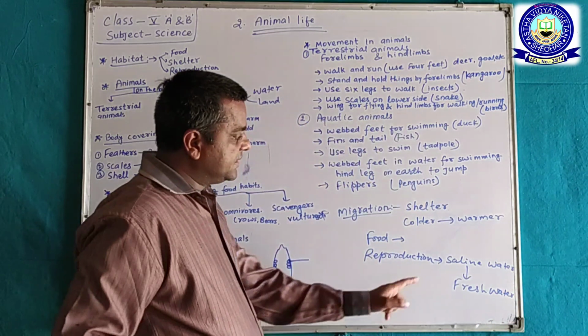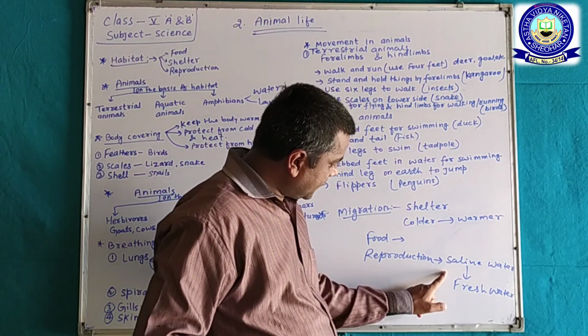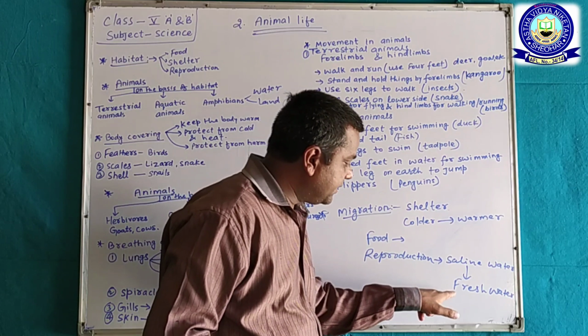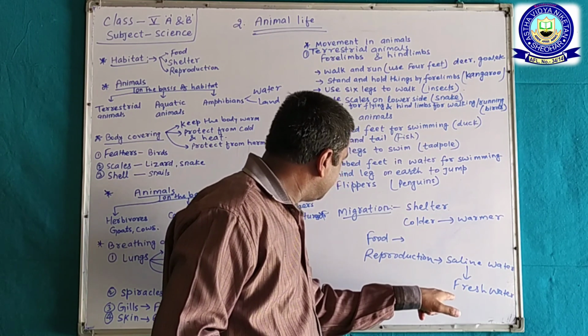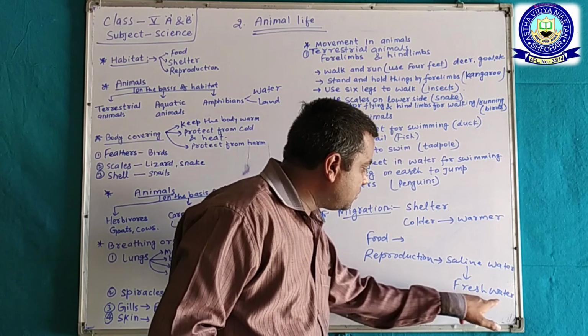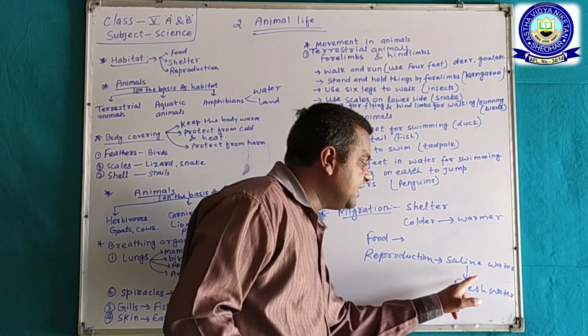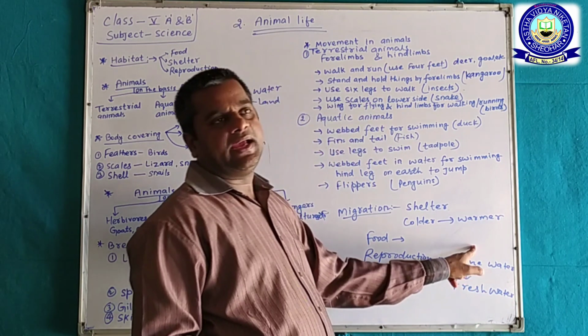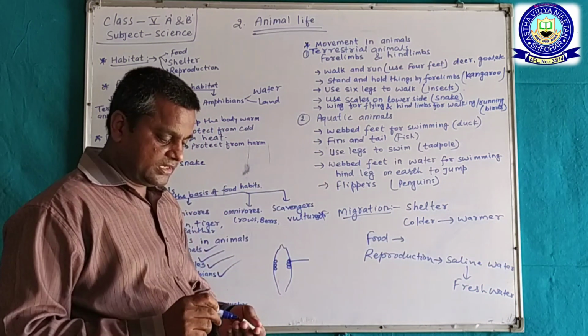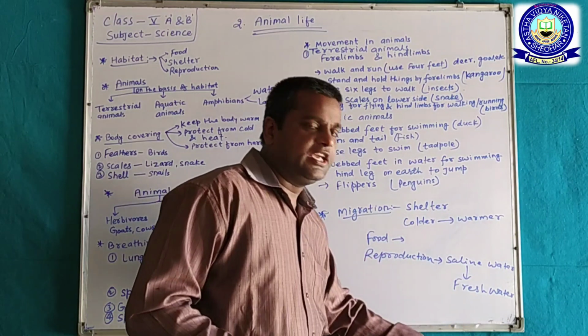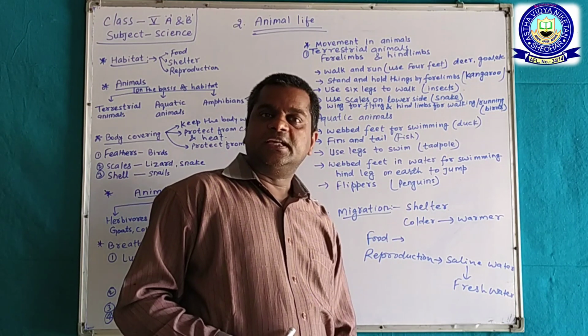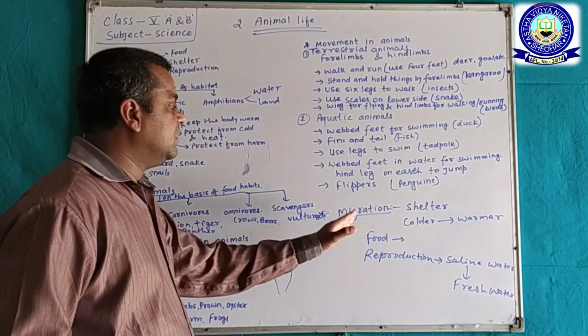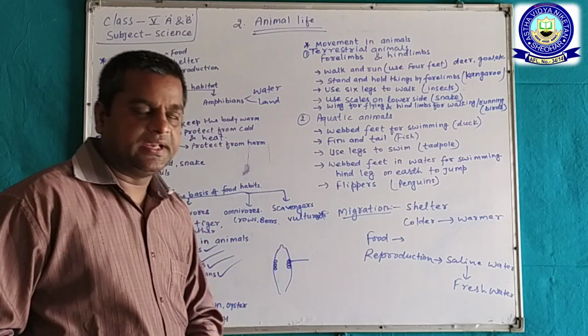And some fishes are not fitted in fresh water to reproduce. Then they move towards saline water, and after reproduction they come back to their original place, and in this way they migrate from one place to another.